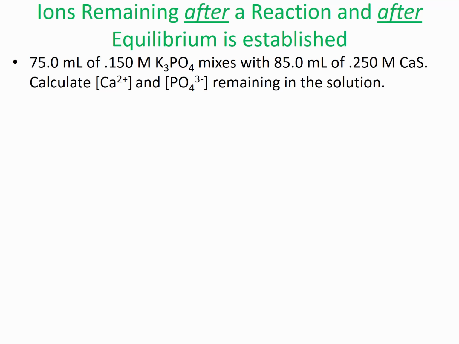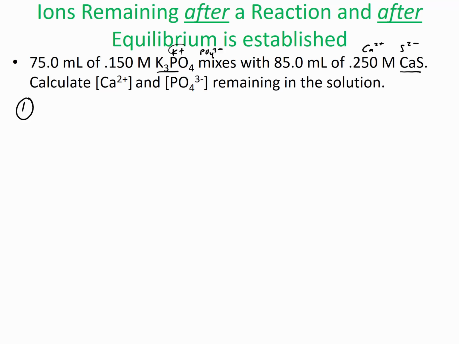So we need to calculate. The first thing that we're going to do is, in this reaction, we have potassium phosphate and calcium sulfide. So the possibilities for the precipitate are K plus, Ca2 plus, and S2 minus.